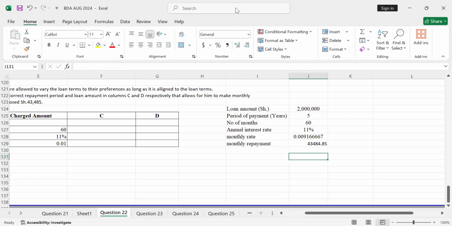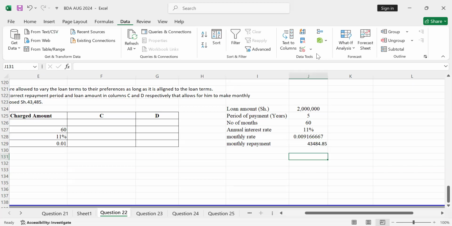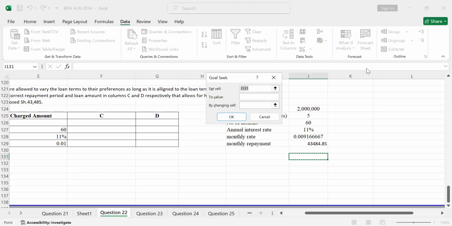All right, so now I can just go to Data, What-if Analysis, Goal Seek. So this is the amount. I want that to change to 35,000. And then the changing cell is the loan. And then you can press OK.